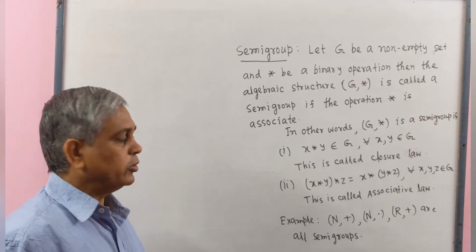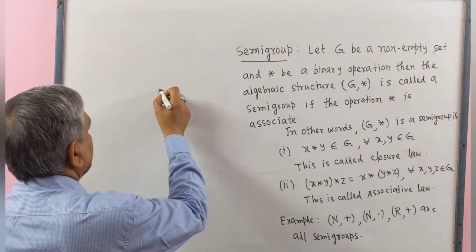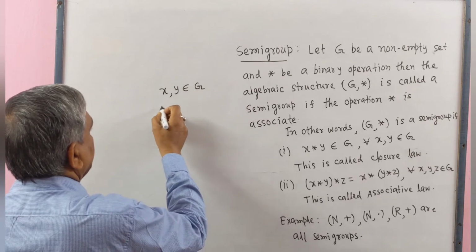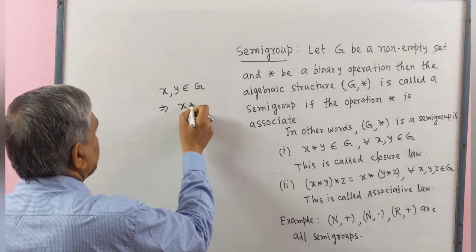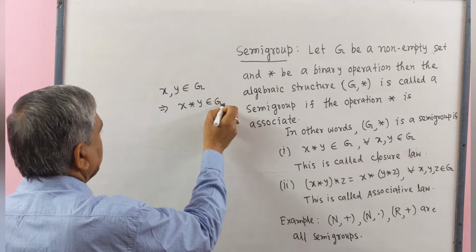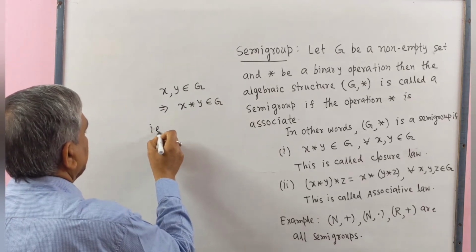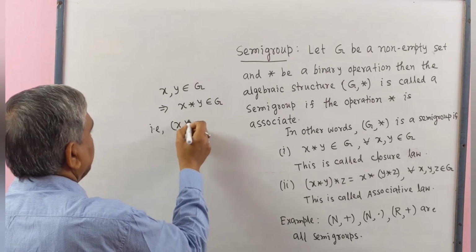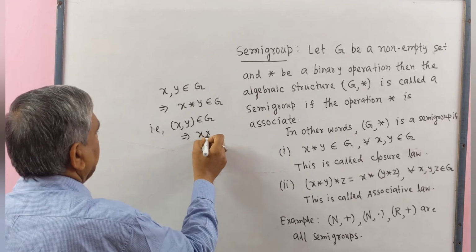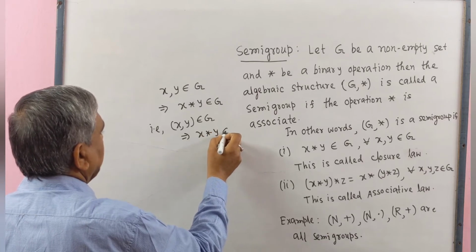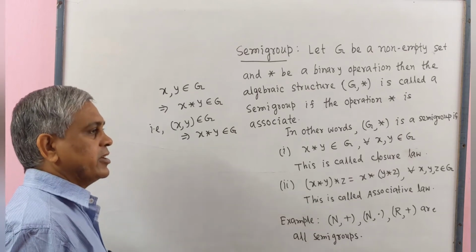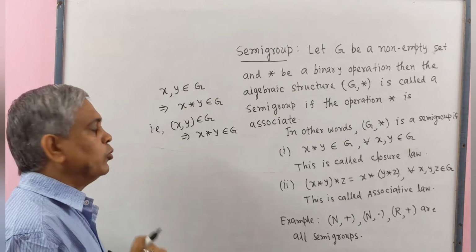Since in groupoid we have seen that if the ordered pair (x, y) belongs to G implies that x operation y belongs to G, that is, x star y belongs to G, then the algebraic structure is called groupoid.